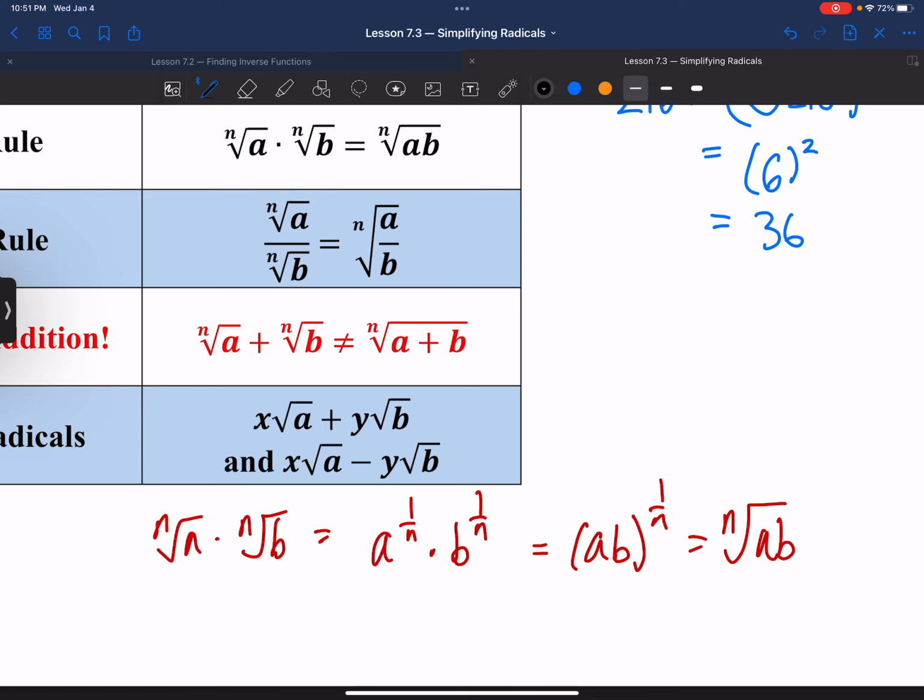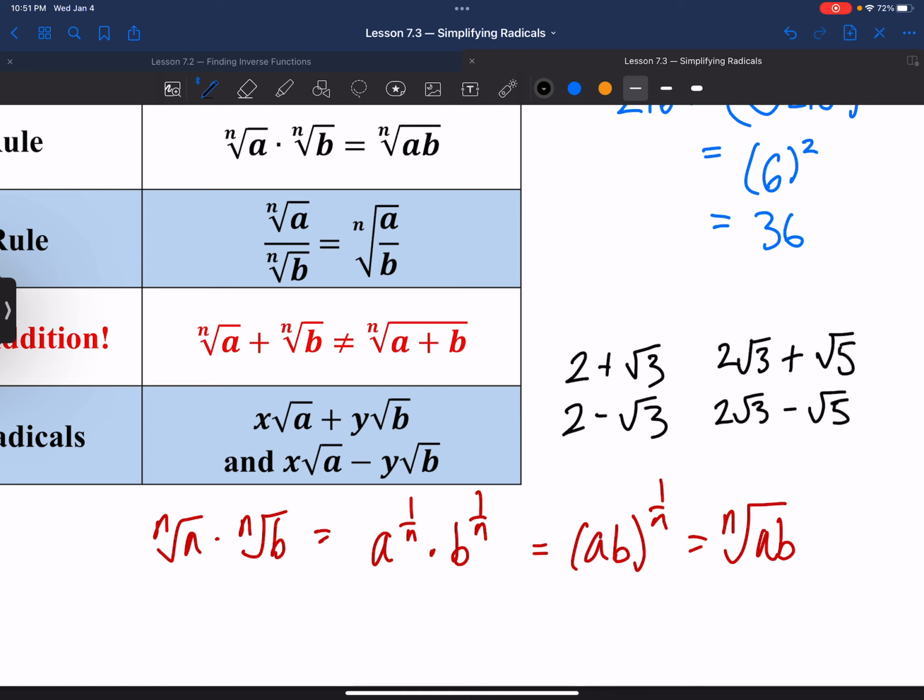But really all that is, here's a quick example, is like if I said 2 plus square root 3, the conjugate of that is 2 minus square root 3, okay? If I said 2 root 3 plus root 5, the conjugate of that is 2 root 3 minus root 5. Do you see? That's all you're doing, right? That is all you're doing is you're just flipping that sign.